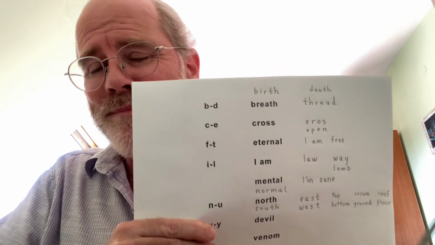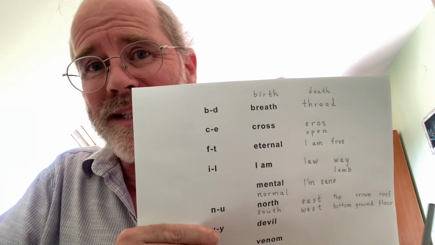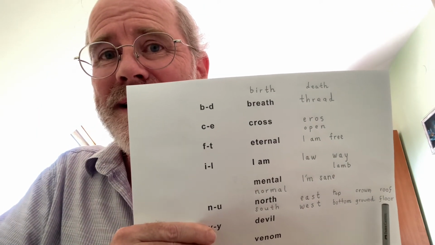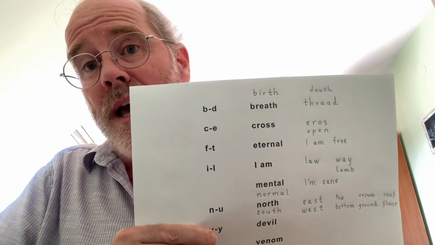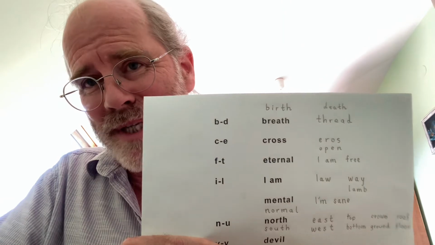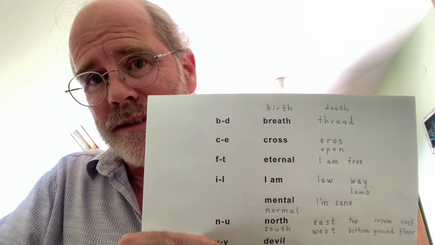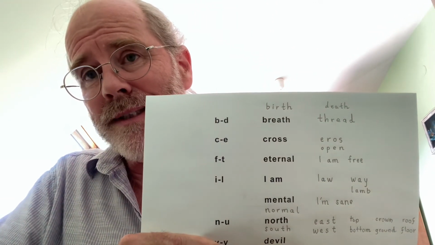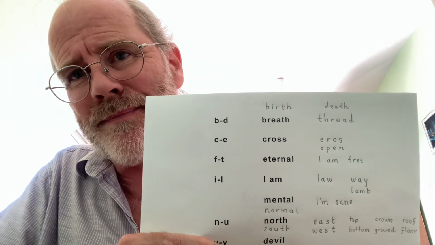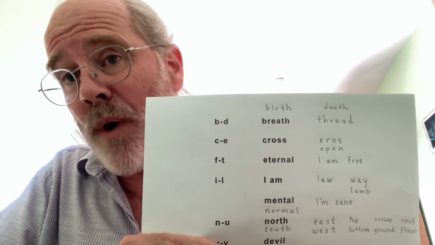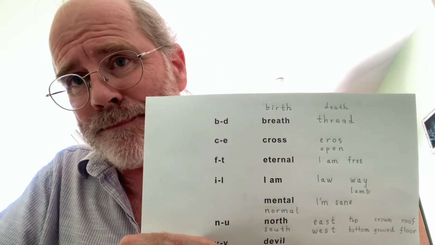Roof and floor, the exact same letters with the addition of the letter L. So opposites, I've given 5 examples here, and I could give more, are clearly connected. We are not separate. We are one body.